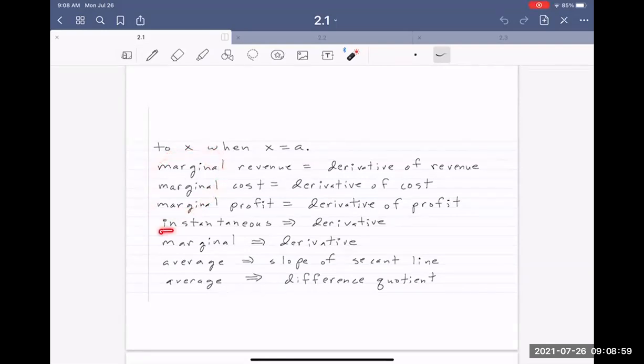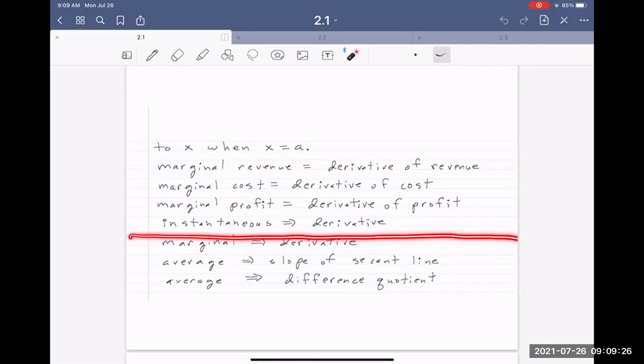Whenever you see the word instantaneous, think of derivative. So the marginal revenue is the derivative of the revenue function. The marginal cost is the derivative of the cost function. The marginal profit is the derivative of the profit function.